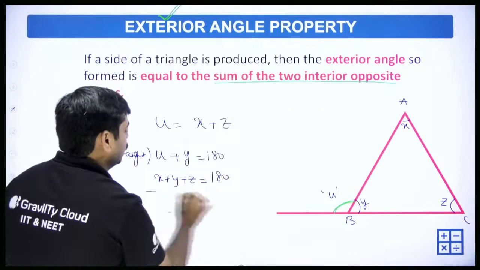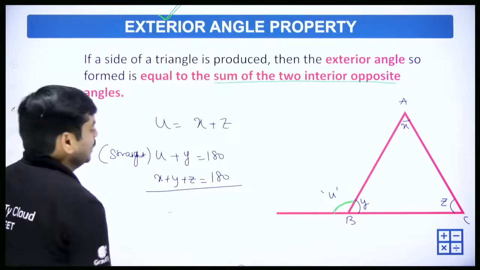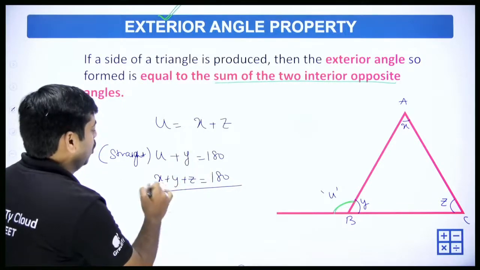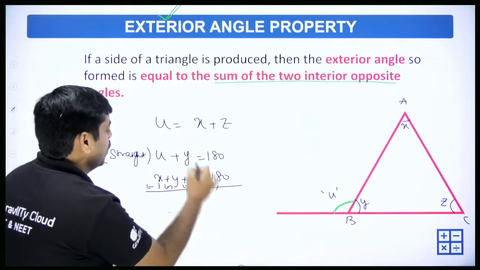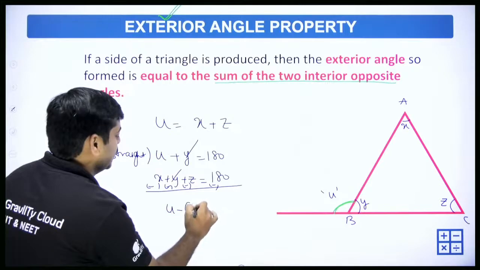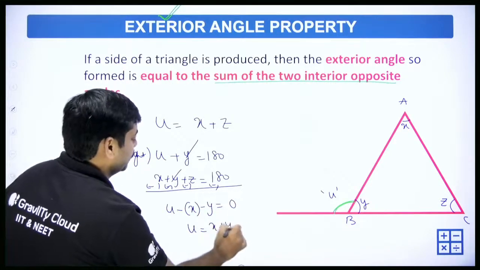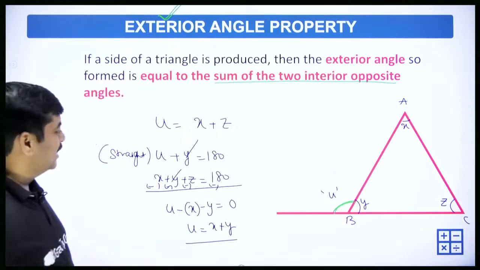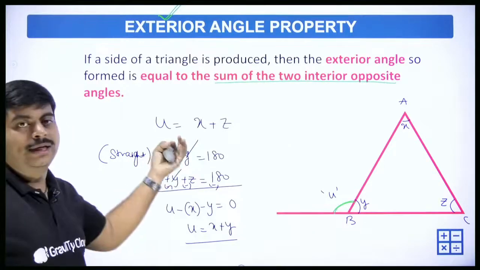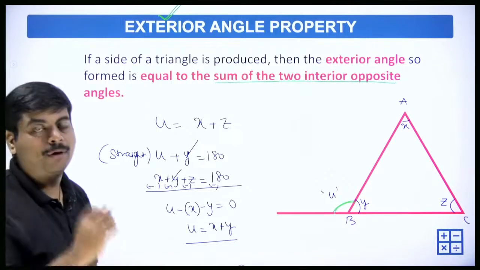So if you subtract these two, or substitute one into the other, subtracting from the first equation, Y and Y get cancelled. So U minus X minus Z is equal to 0, so U is equal to X plus Z. Or just substitute Y from here and we'll get the answer. Right, so that is the exterior angle property.